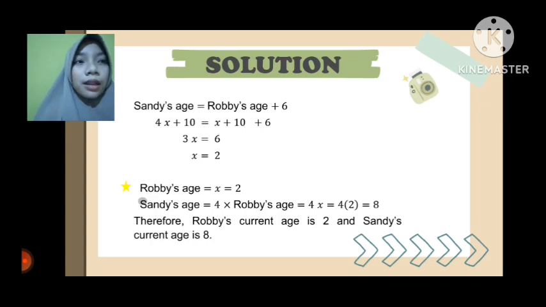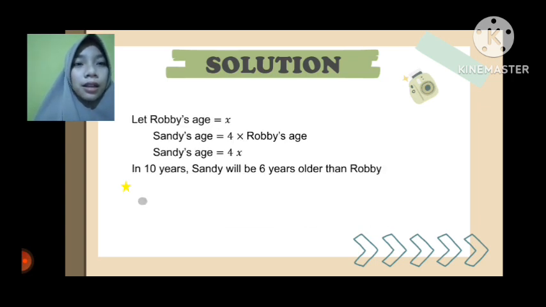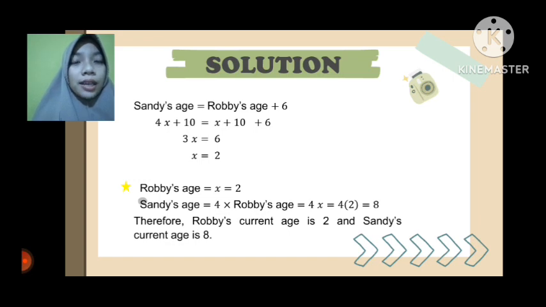In 10 years, Sandy will be 6 years older than Robbie. Now from the question, we can make an equation. Sandy's age is equal to Robbie's age plus 6. To find x: Sandy's age 4x plus 10 is equal to Robbie's age x plus 10 plus 6.